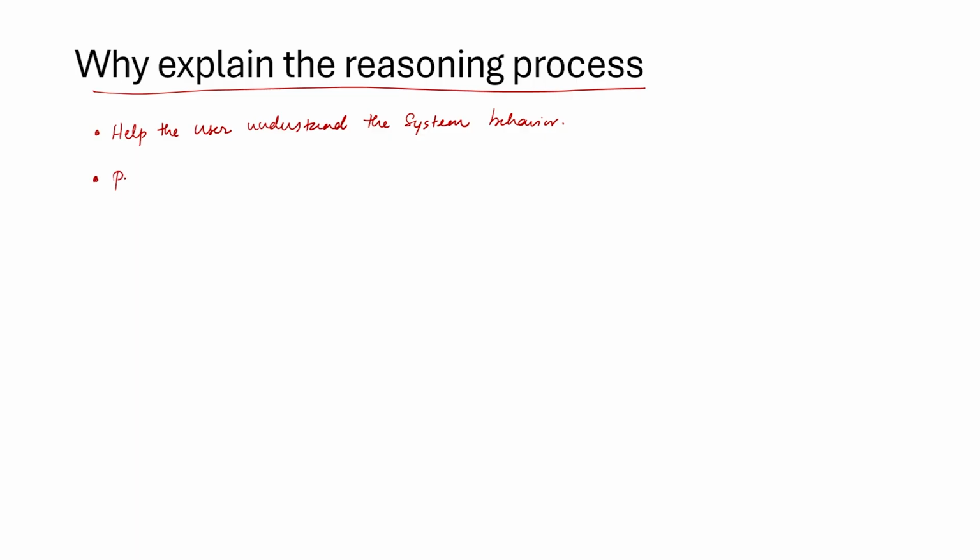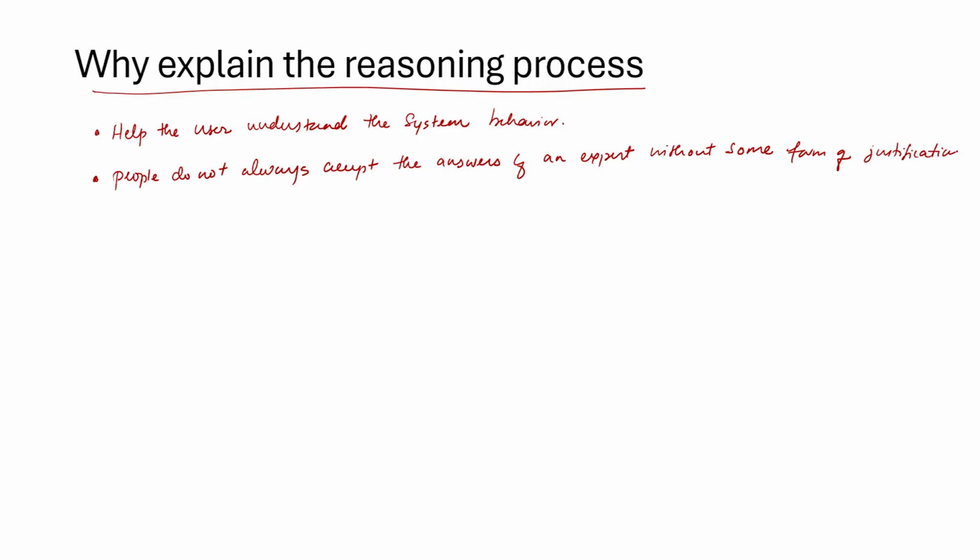Second one is, people do not always accept the answers of an expert without some form of justification. Okay. So, most of the time the answers of an expert require a justification.